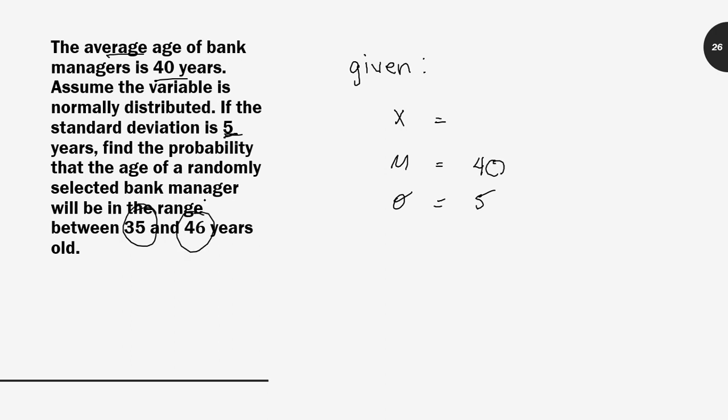While for the value of X, dalawa po. Okay, meron tayong 35 and then 46. Okay? So, ibig sabihin din yan mga anak, dalawa rin pong value ng Z ang hahanapin po natin. Okay? Now, let me draw the normal distribution curve. So, ganito po magiging itsura niya.